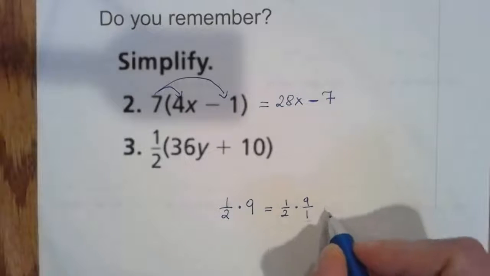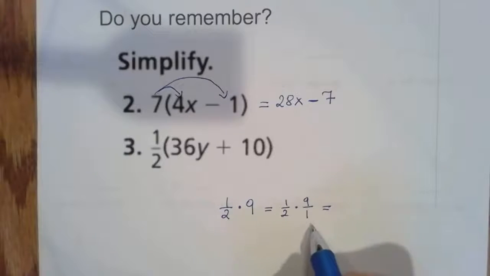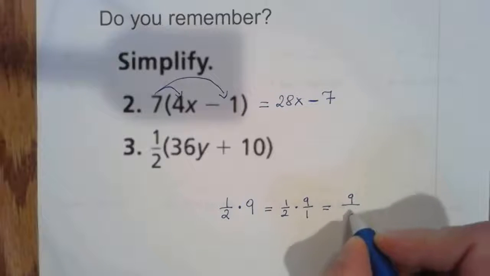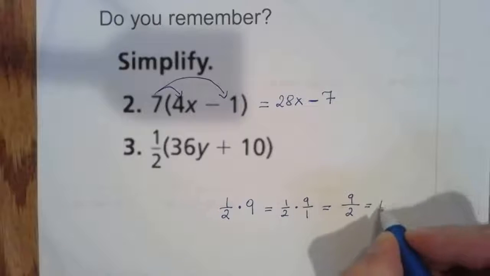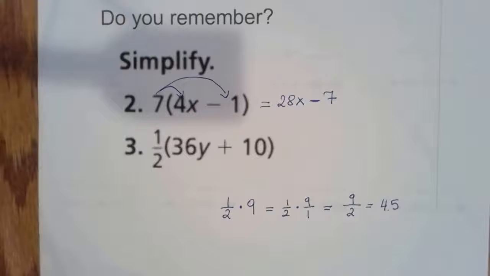Then I multiply my numerators, multiply my denominators, so that's 9/2, which is 4.5. That's how you multiply a fraction by a number. So go ahead, try number 3 by yourself, and we'll be back.